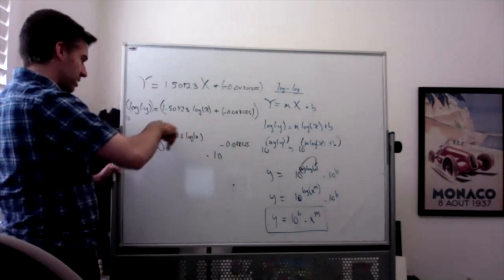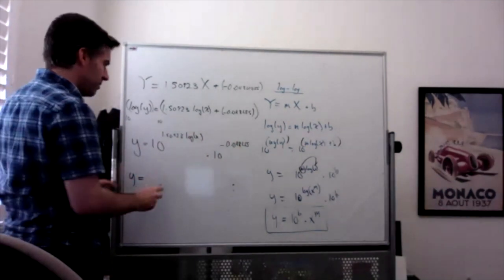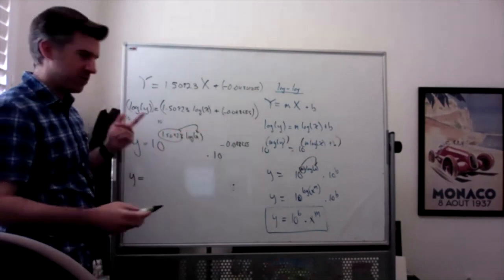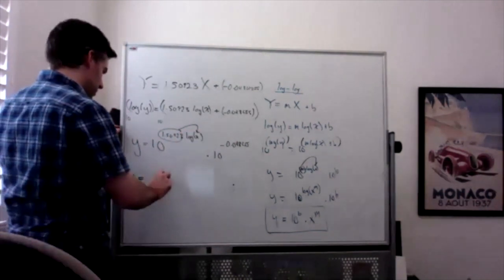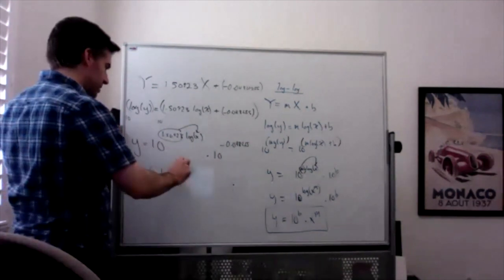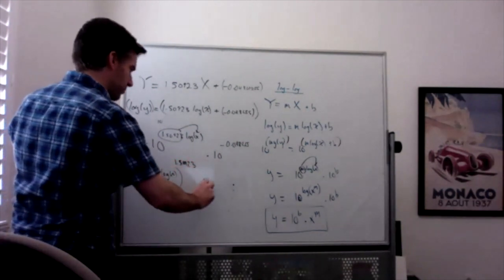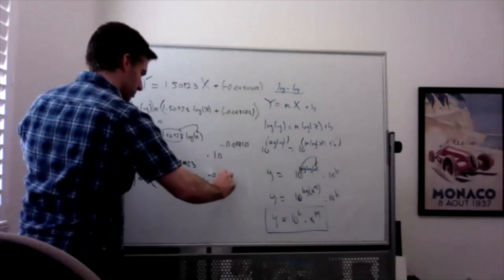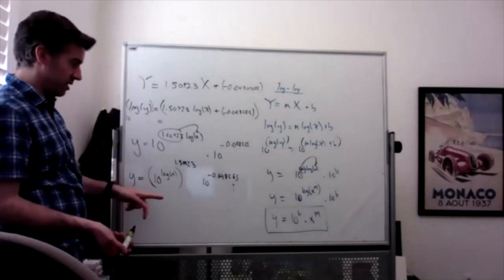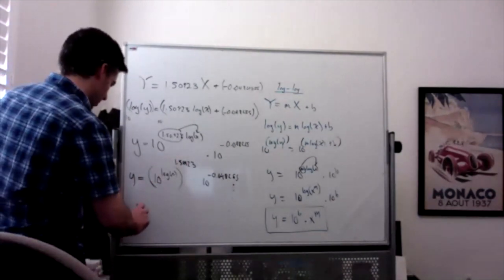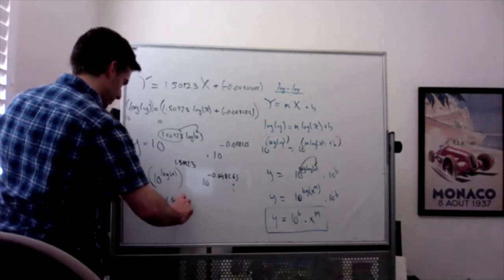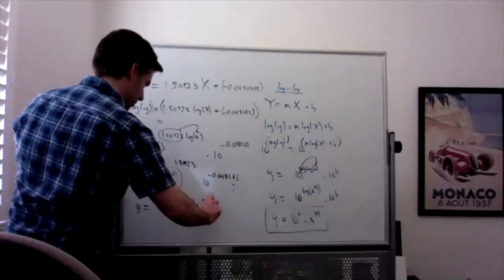Some people prefer to write it as 10 to the log of x to this power. It's the same result either way, because 10 to the log of x is just x. So you end up with x to the this. So you get y equal to x to the 1.50923 times 10 to the negative 0.048255.